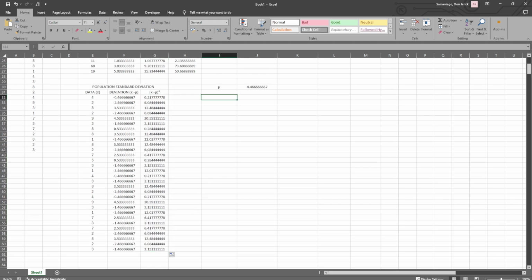And we can now get the sigma squared. Sigma squared is equal to the summation of x minus u squared divided by the total frequency.